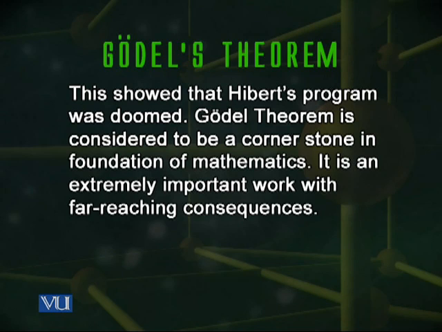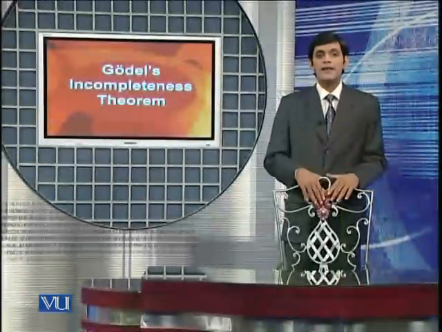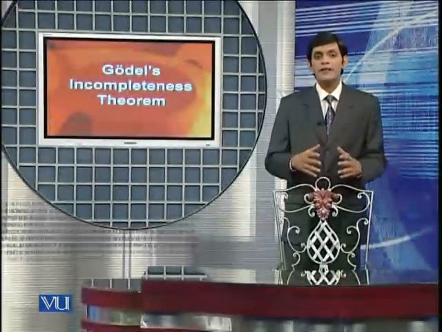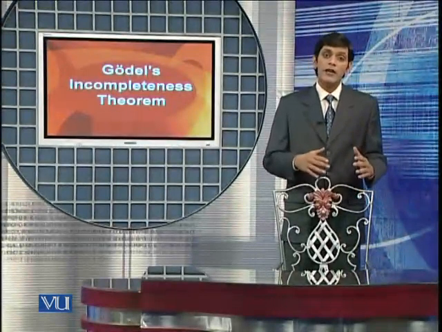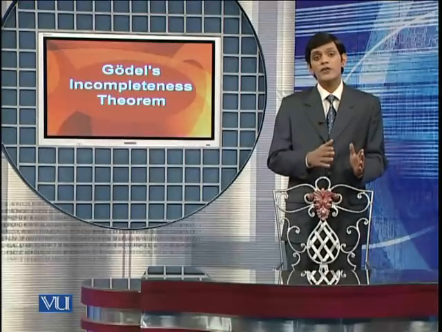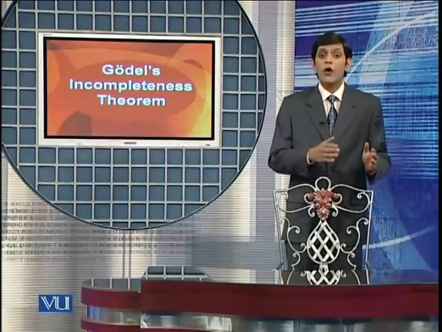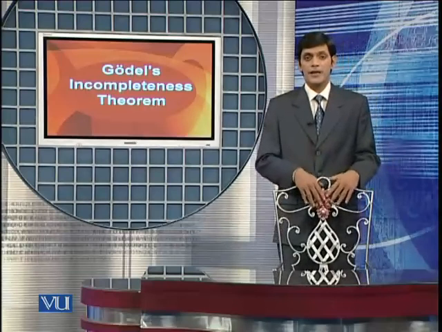It is an extremely important work with far-reaching consequences. So, Hilbert's program was abandoned simply because mathematics was not complete. Number theory is consistent. Whatever you prove using number theory is always true. However, there are statements in it which can never be proved.